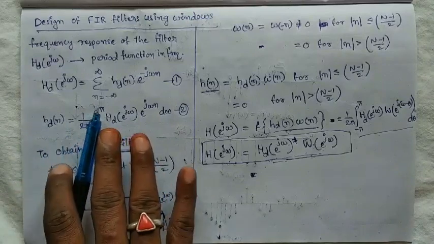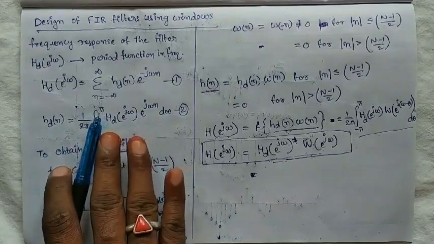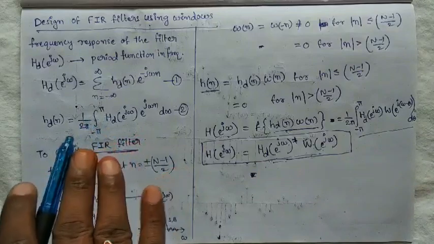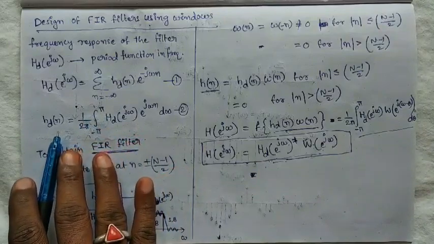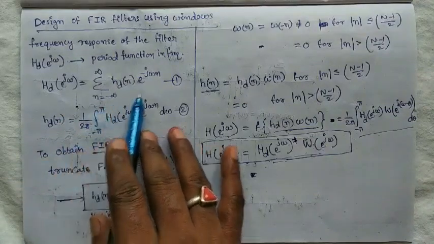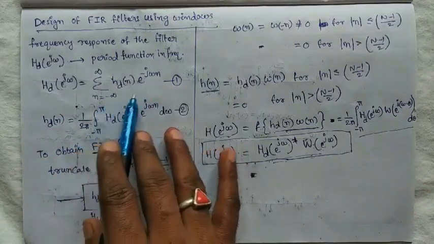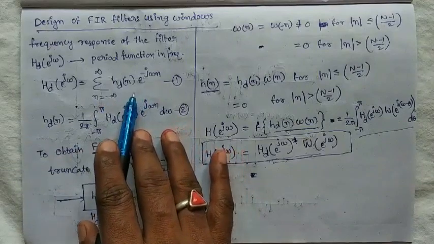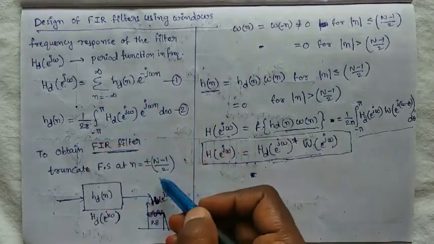Now from this we obtain the FIR filter. How do we obtain it? This can be obtained by truncating the Fourier series at n equal to plus or minus capital N minus 1 by 2.